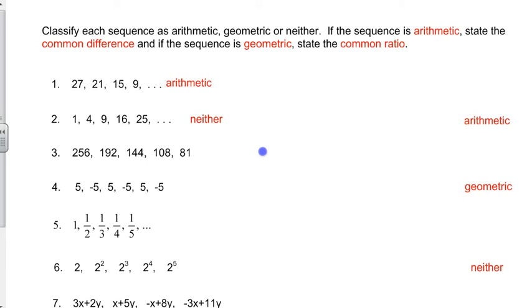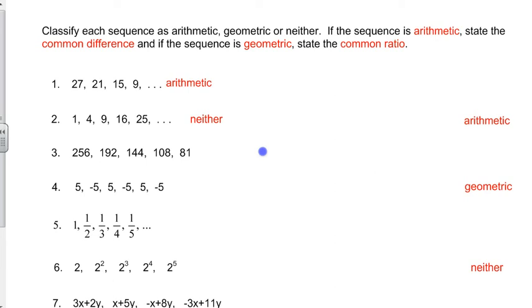256, 192, 144, 108, 81. So are we subtracting the same number each time? What's 192 minus 256? I'd go more 64, I think, negative 64.